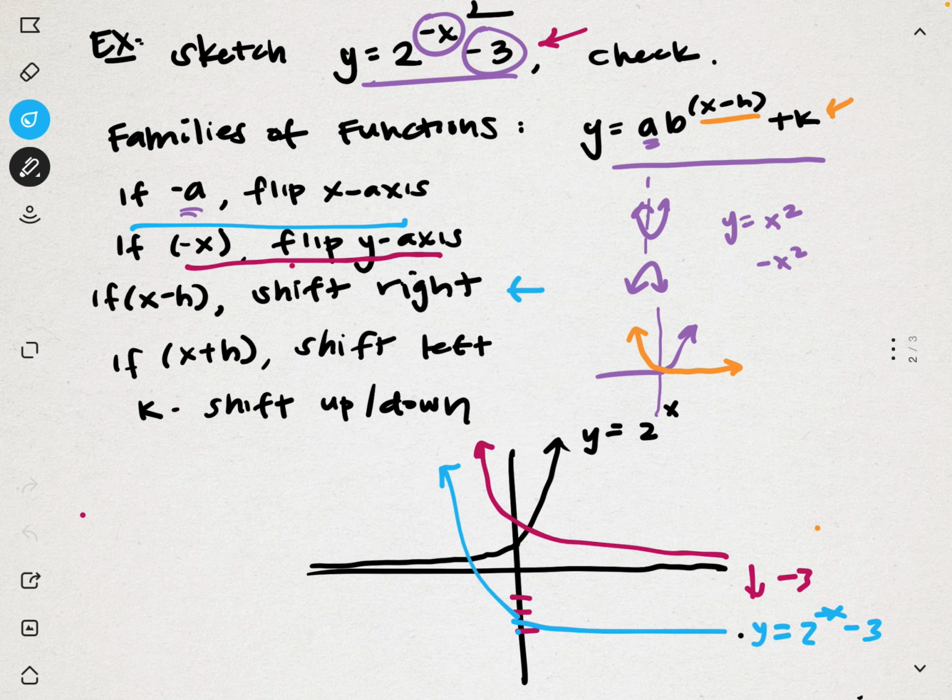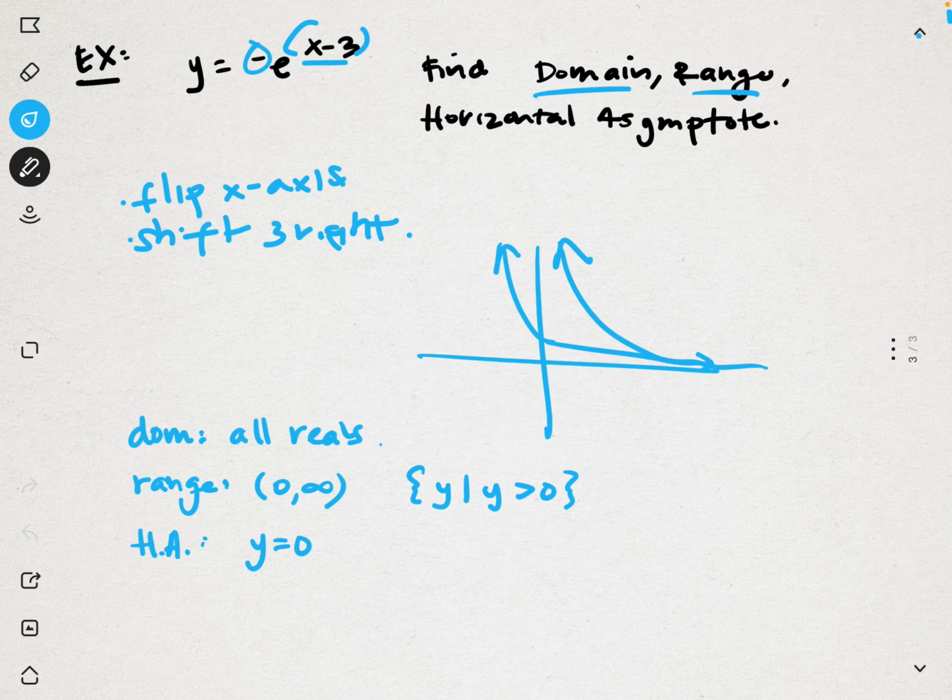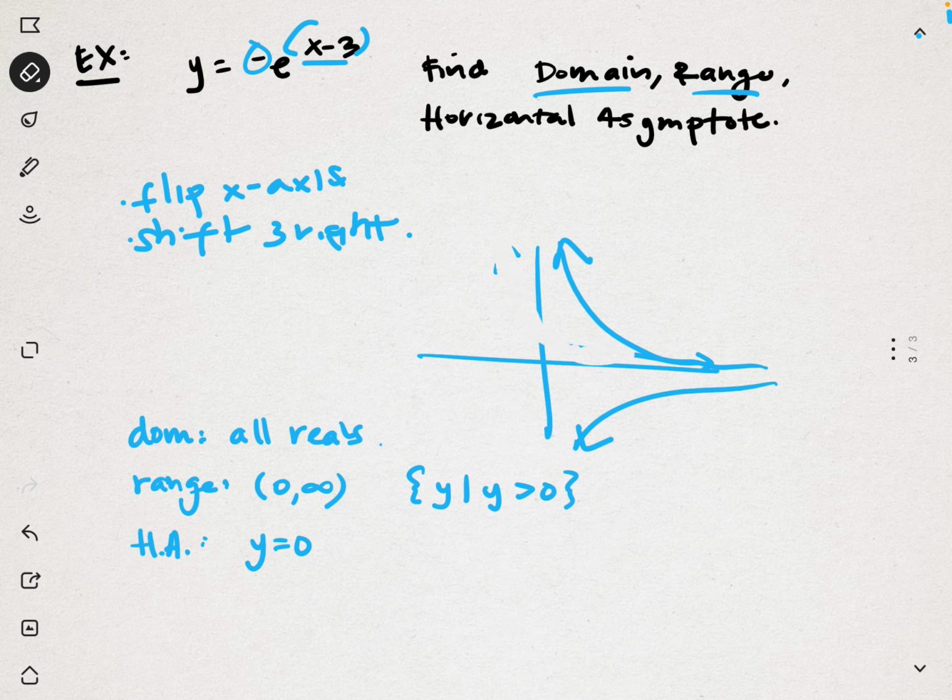All right, so back here, we said that it flips over the x-axis, right? If the a is negative, it flips over the x-axis. So what this is going to look like is actually this. Right, so it shifts right, but it also flips over the x-axis. So this one we got to change for our range.